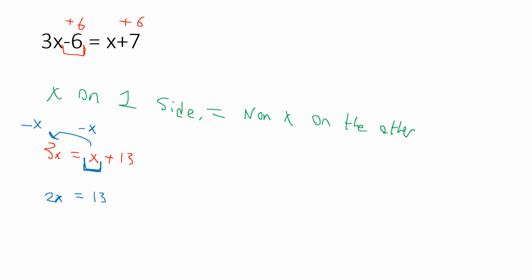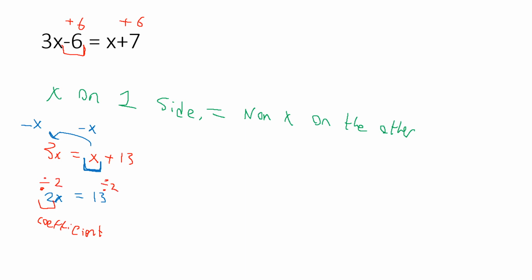And finally, we're left with 2x is equal to 13. 2 times x is equal to 13. This is our coefficient. A coefficient is simply the number that's in front of the unknown. So, all we're going to do is divide both sides by 2.